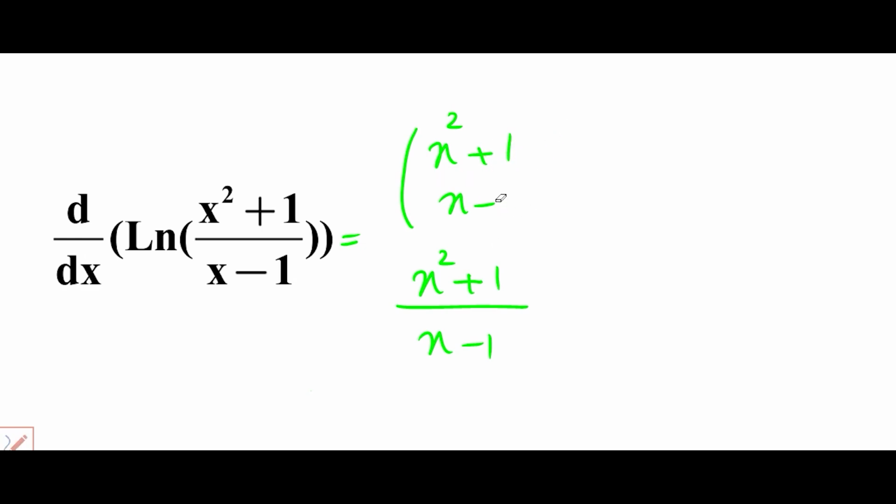But the second way, which is a bit simpler, is to first simplify the expression using the properties of the natural log and then take the derivative. We know that ln of a over b is equal to ln a minus ln b.